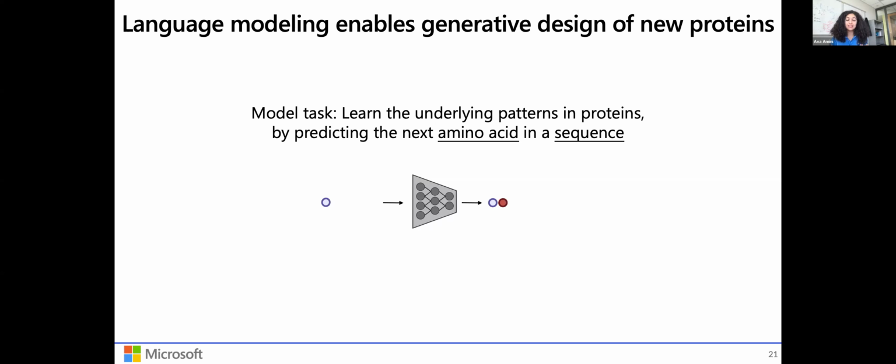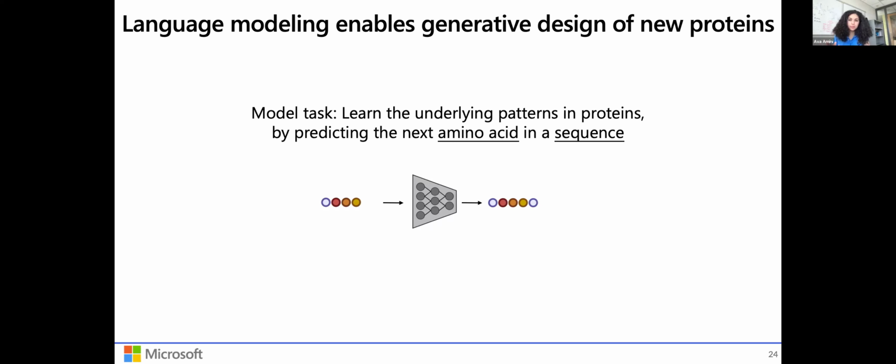So now, in this context, if we model an individual amino acid as a dot, our task is analogous to what we showed before. We're trying to predict the next amino acid in a sequence, and we can do this in an autoregressive manner to actually produce new sequences.